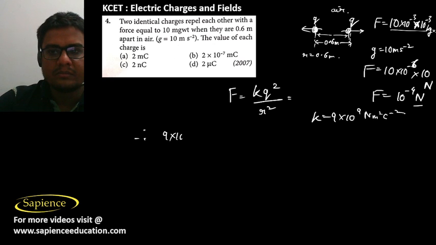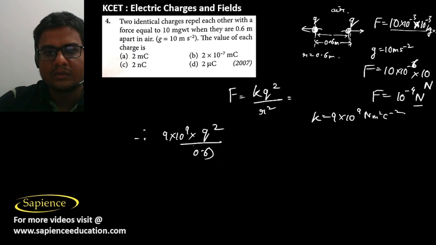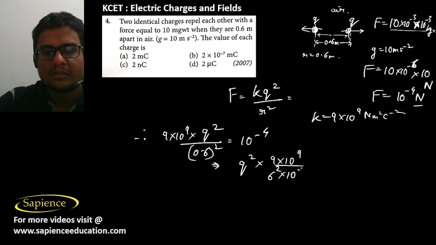Therefore 9 into 10 power 9 into q square divided by 0.6 whole square is equal to 10 power minus 4. Then we have to find the value of q. So this is q square into 9 into 10 power 9 divided by 6 square into 10 power minus 2, equal to 10 power minus 4.